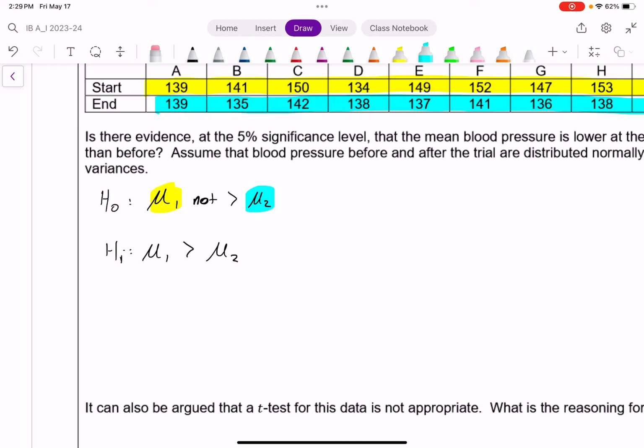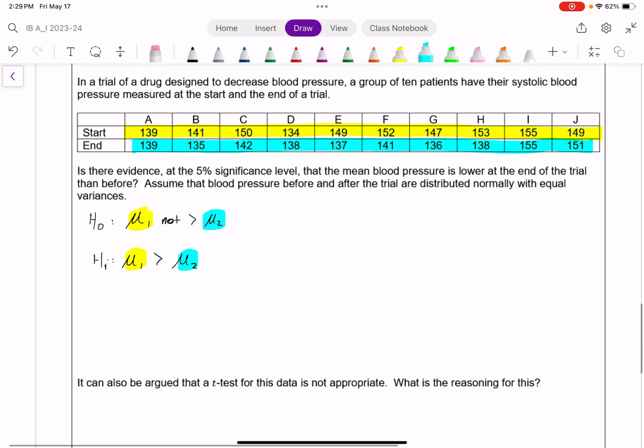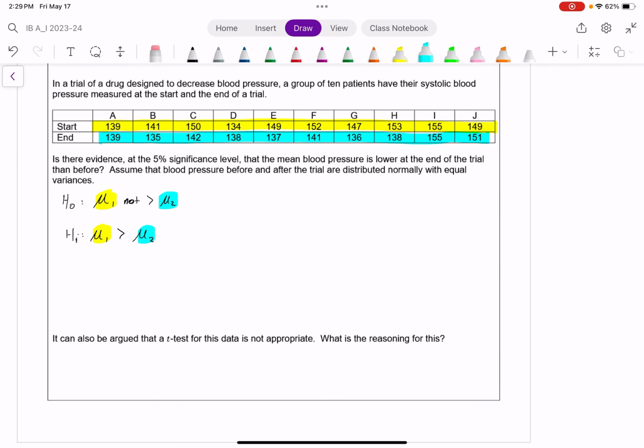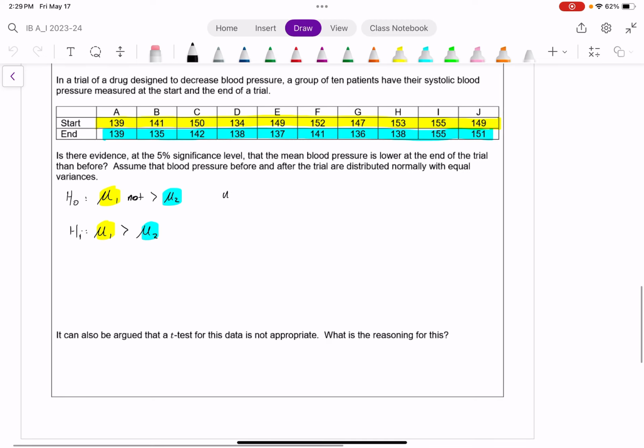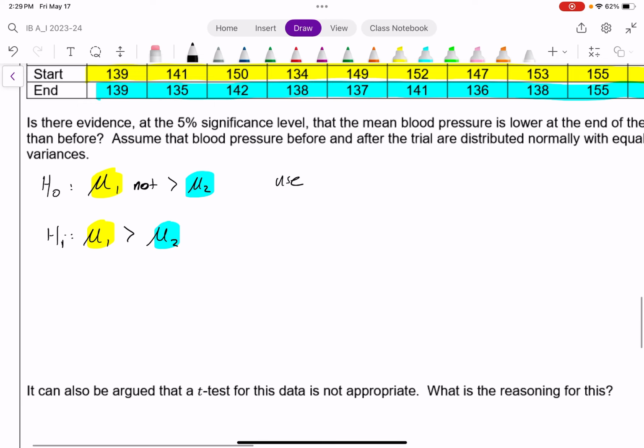There is no middle ground between my two hypotheses: either the average is greater or it's not. Since I'm concerned about whether one is greater than the other, we want a one-tailed t-test.